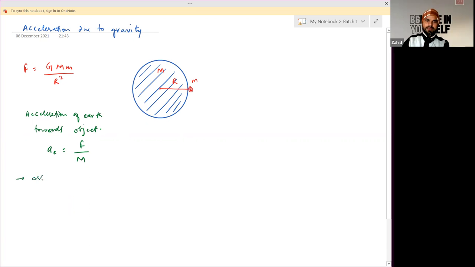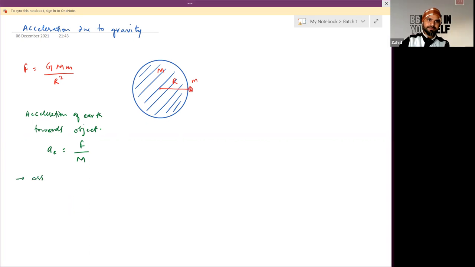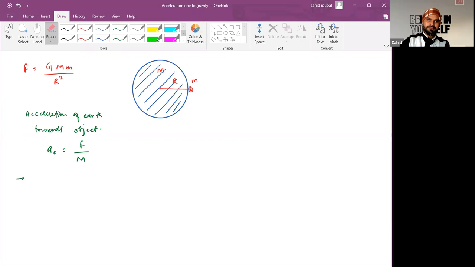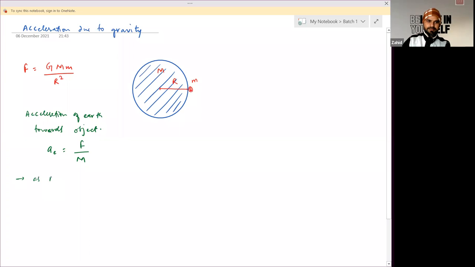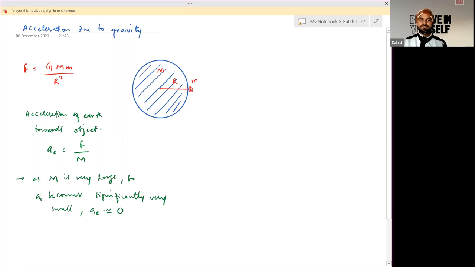So as M is very large, acceleration of Earth towards object becomes significantly small, approximately zero.